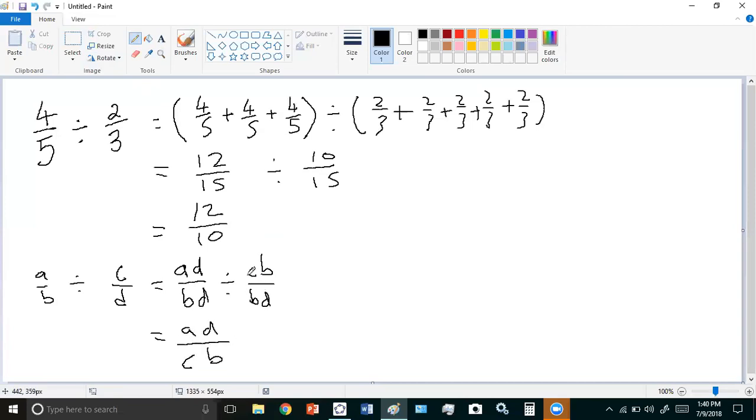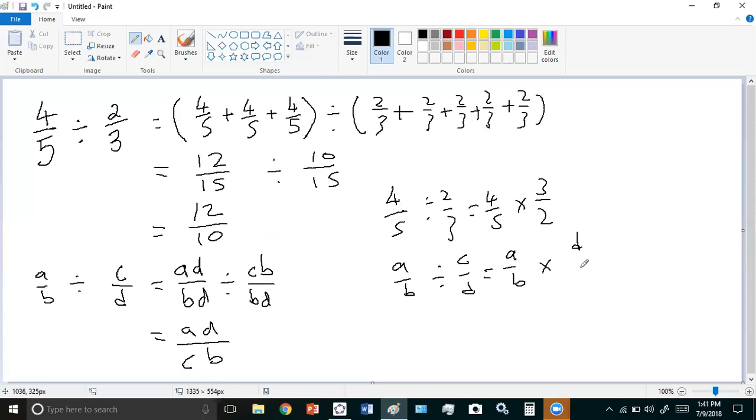And of course, this leads to the same thing when we say 4/5 divided by 2/3 is equal to 4/5 times 3/2. All we're doing is saying A over B divided by C over D is equal to A over B times D over C, right?